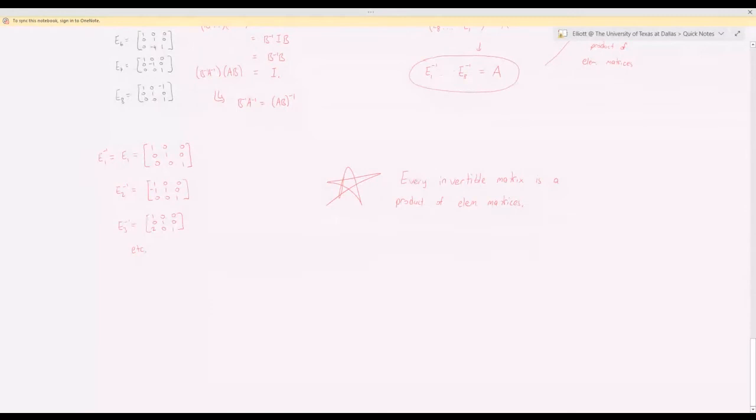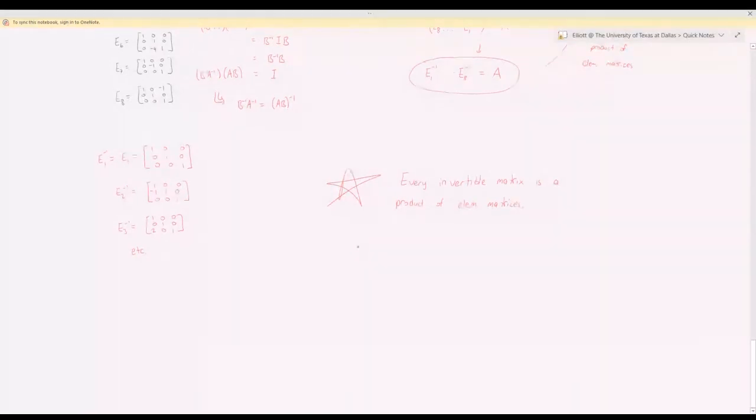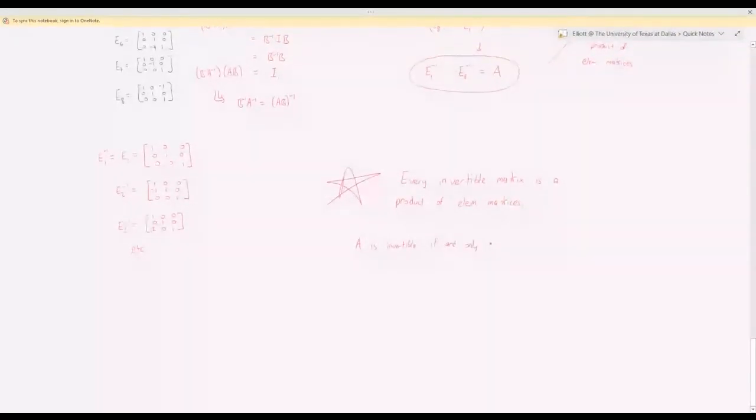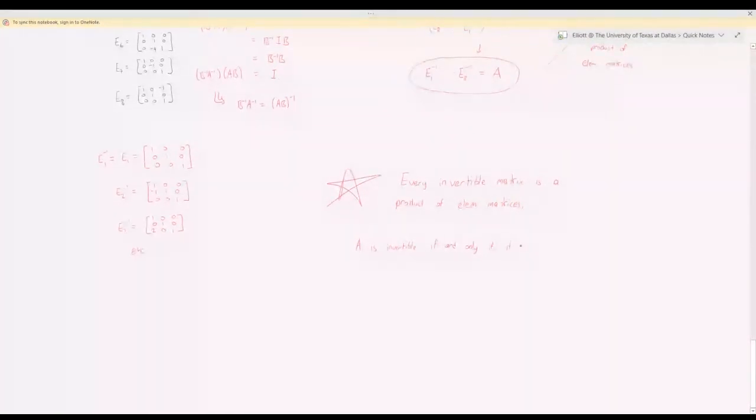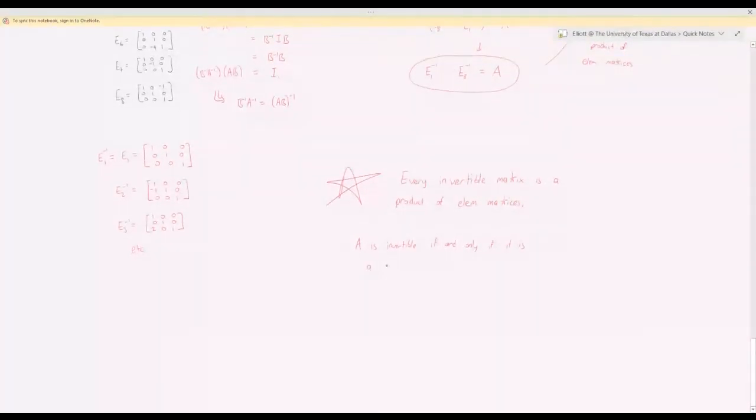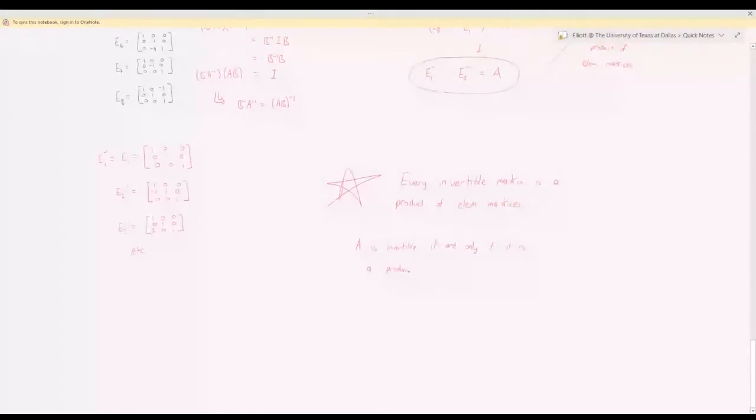And furthermore, you could say that a matrix will be invertible if and only if it is a product of elementary matrices.